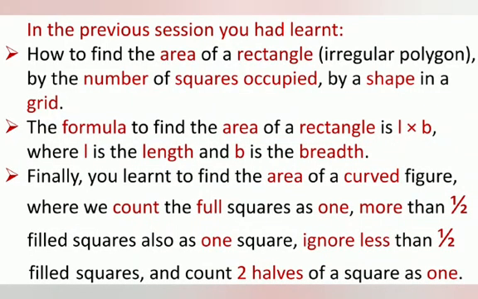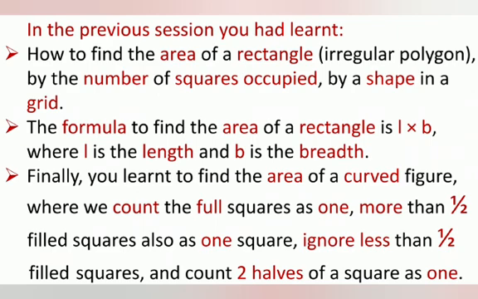Before proceeding further, let us revise what we did in our previous session. You had learned how to find the area of a rectangle by the number of squares occupied by it in a grid. Then you learned the formula to find the area of a rectangle, which is L into B, where L is the length and B is the breadth.